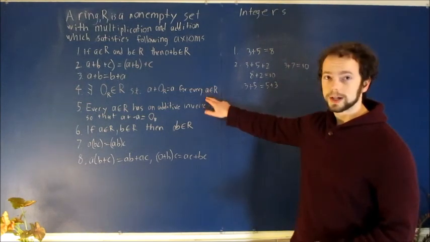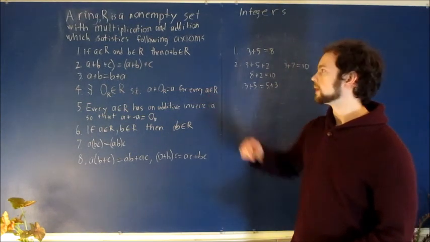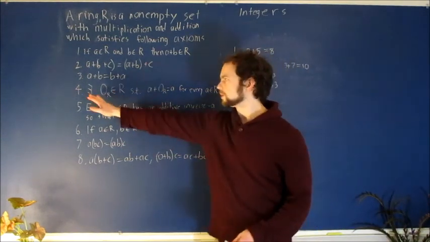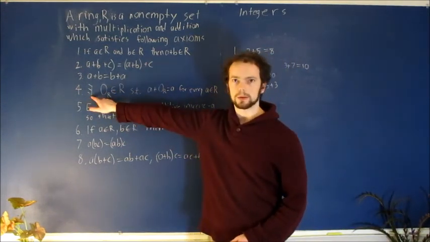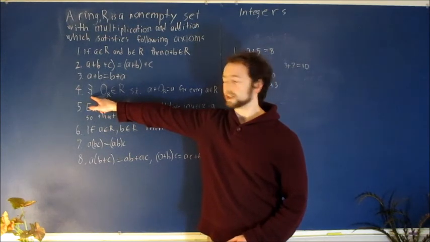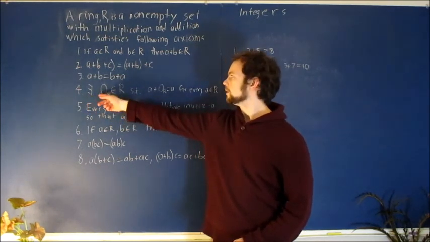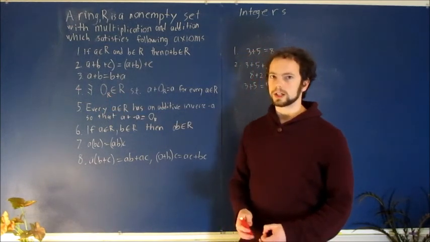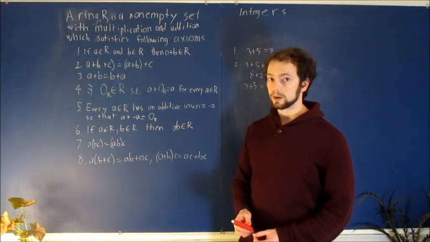The fourth criterion to be a ring is written here. I've used a bunch of fancy symbols, but this backwards E here just means there exists, okay? This 0R, this is what we're going to call the additive identity, okay?